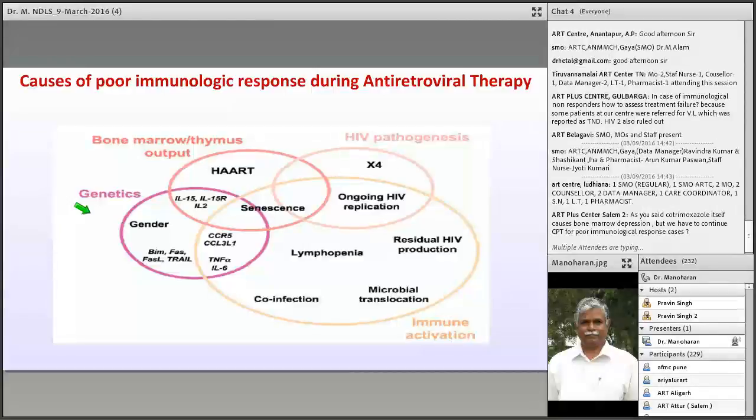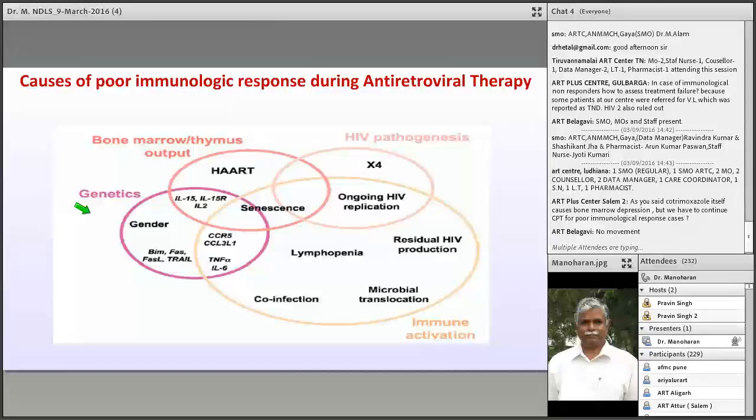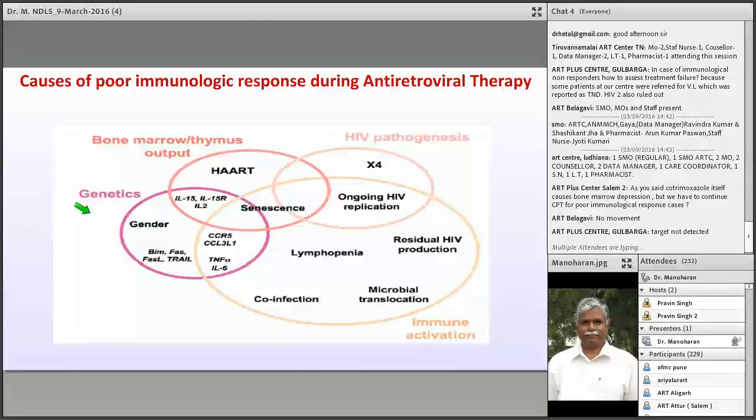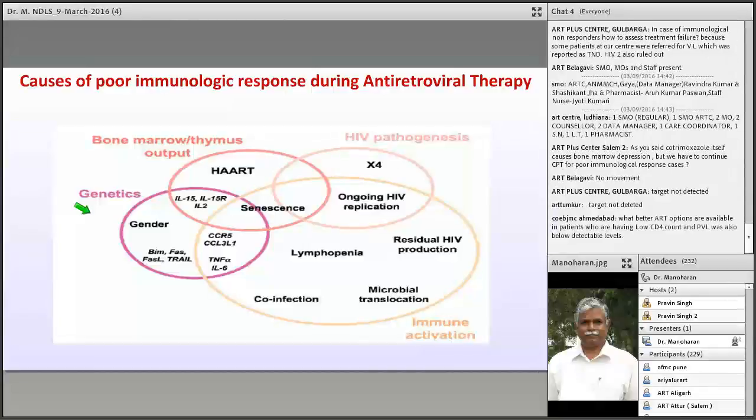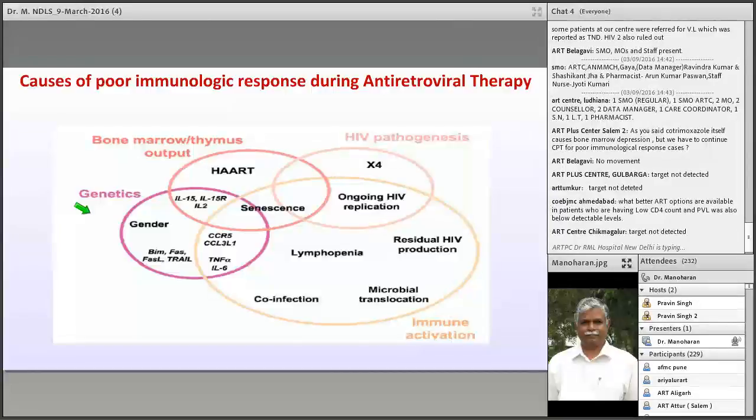HIV-2 also ruled out. So as per our national program guideline, if the patient showed that the viral load is suppressed, but the CD4 count response is very poor, even to the treatment failure range, then we are supposed to continue the same antiretroviral drugs, that is first line drugs, and try to find out the reasons for poor immunological recovery.